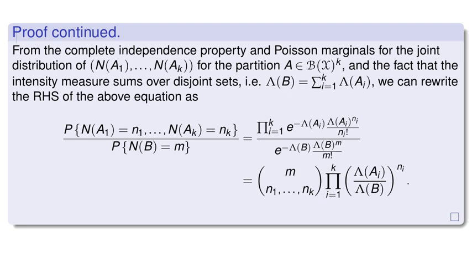After simplifying this expression by cancelling out the e terms, since the sum of lambda of Ai is lambda of B, and rearranging the factorials, we arrive precisely at m choose n1 and so on till nk times the product from i equals 1 to k of lambda of Ai over lambda of B raised to the ni.